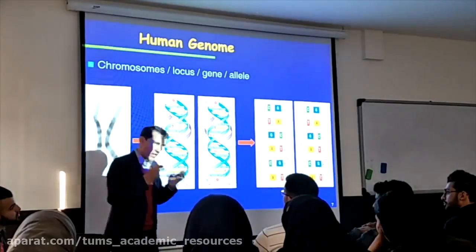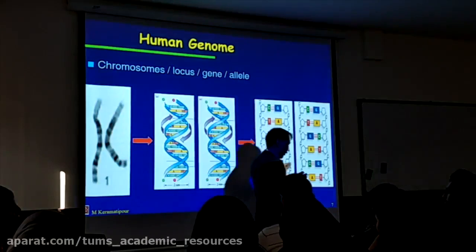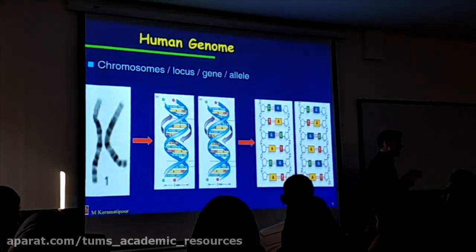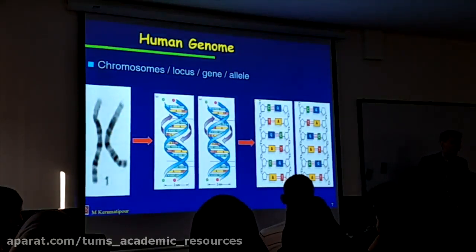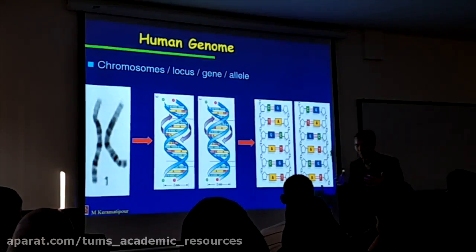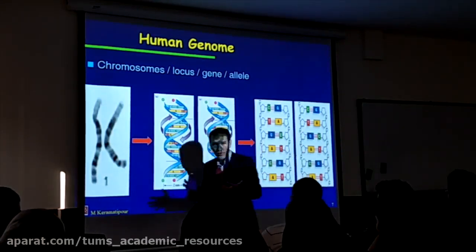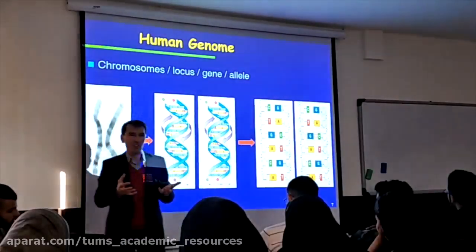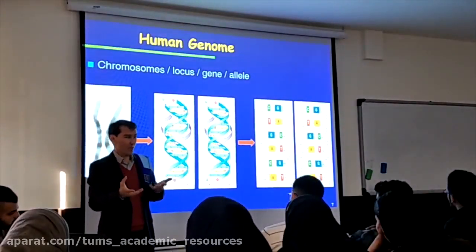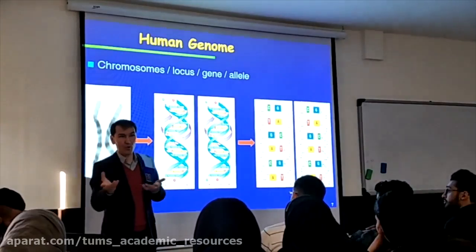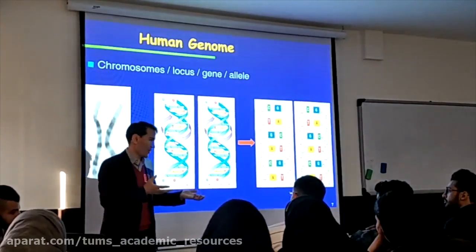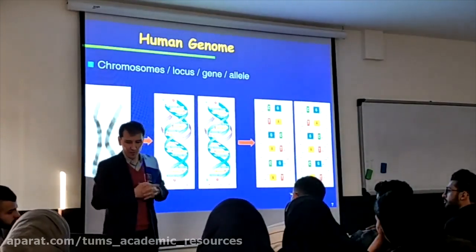So conservation of the nucleotide and the gene sequence is a very important issue when we want to interpret a genetic change, to say if it's pathogenic, if it causes diseases, or no, it doesn't cause diseases. So that is very important.